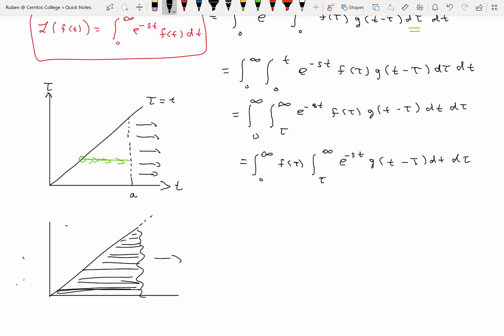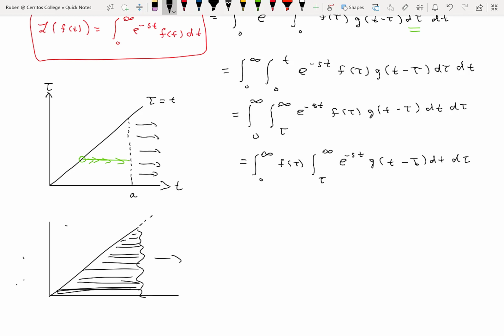Okay. Onward. Now, that inner integral from tau to infinity of e to the minus st g of t minus tau, that looks almost like a Laplace transform. Almost. There's some problems. The limits don't go from 0 to infinity, and the function we're integrating is e to the minus st, which is really good, but it's not times g of t, it's g of t minus tau.